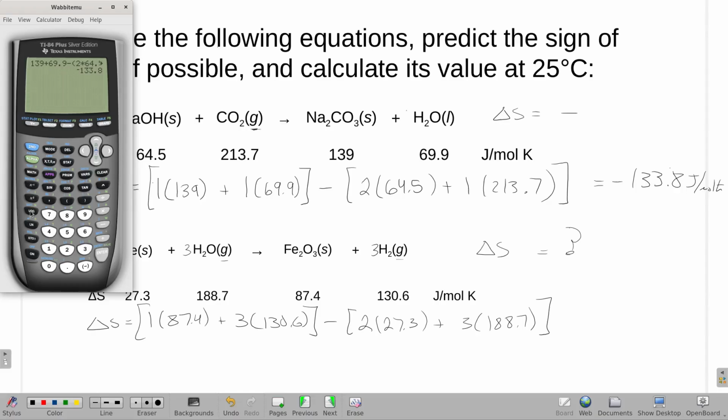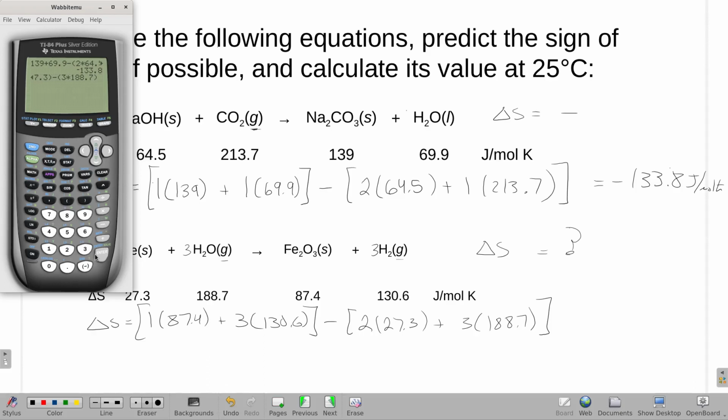And now I just throw that into my calculator. So 87.4 plus 3 times 130.6 minus 2 times 27.3 and also minus 3 times 188.7.